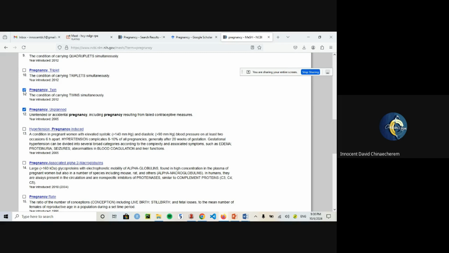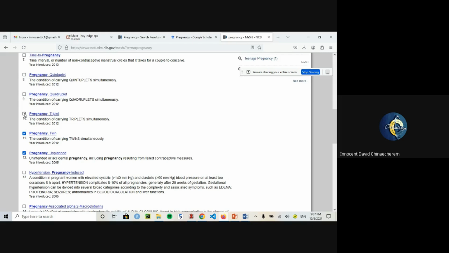So pregnancy has about 12 MeSH terms, right?